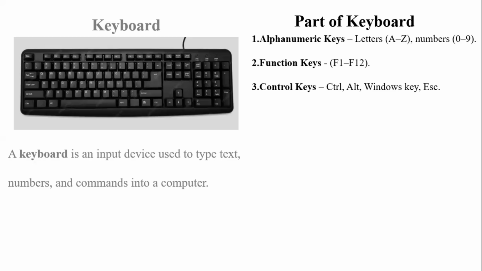So by clicking on Escape, it will close that action. It will just close it and come back to the normal PowerPoint slide. So this Escape just cancels an action, or it closes a dialog box. So that's all about Escape.